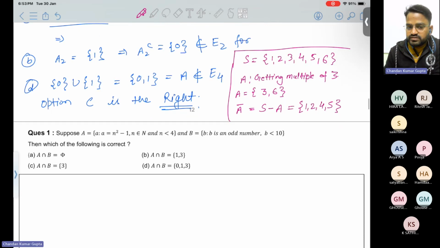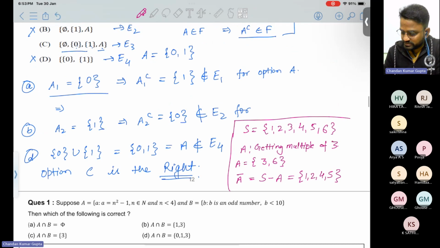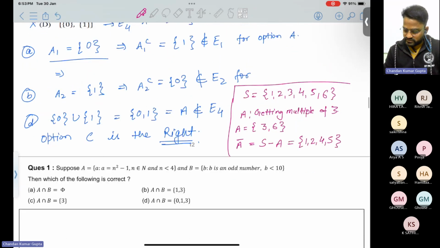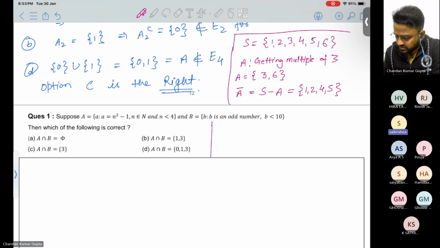Can you understand? Yes, sir. The complement is also a property. You have to subtract the event elements from the total set. Let me complete first.